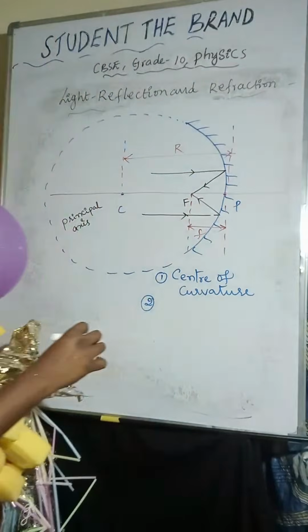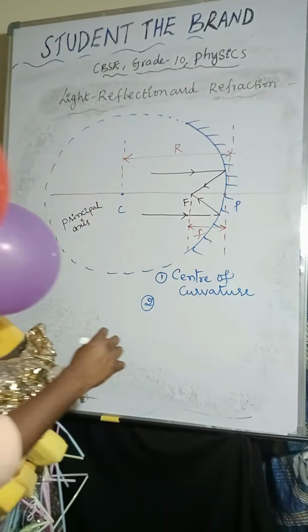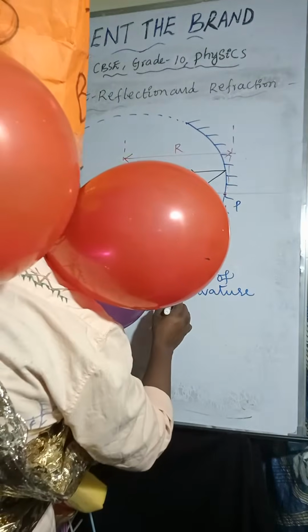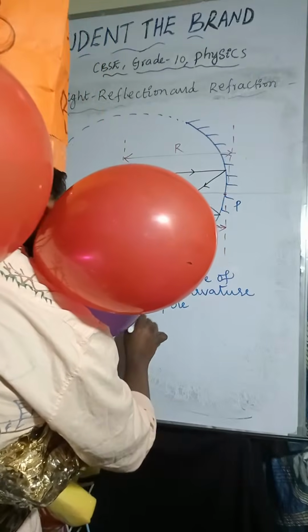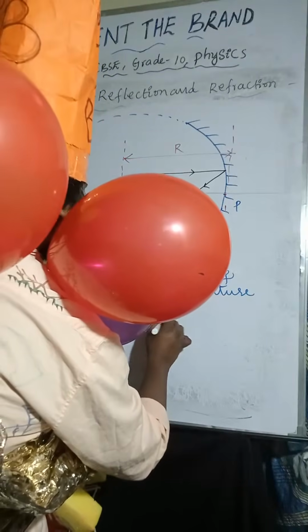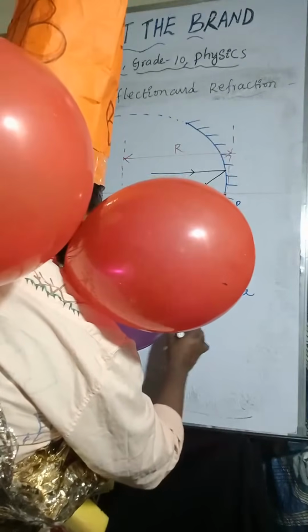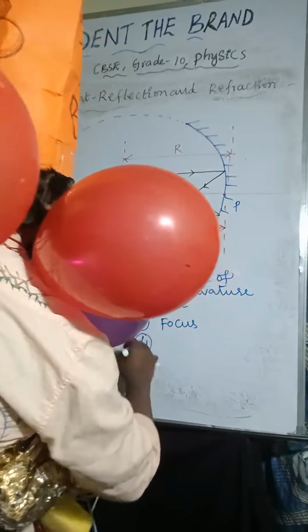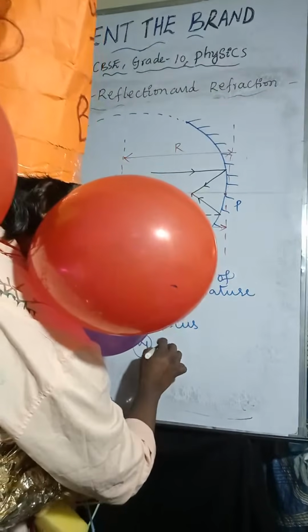Second is pole. Third is focus. Fourth is focal length.